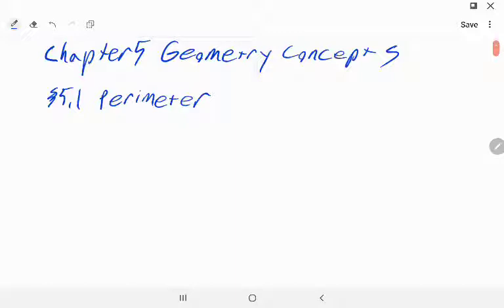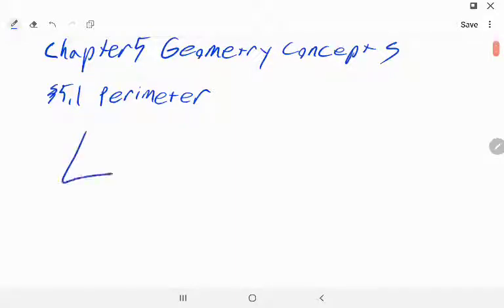In the end we notice that a lot of shapes we're just looking at. For a triangle, we know the perimeter is a plus b plus c.